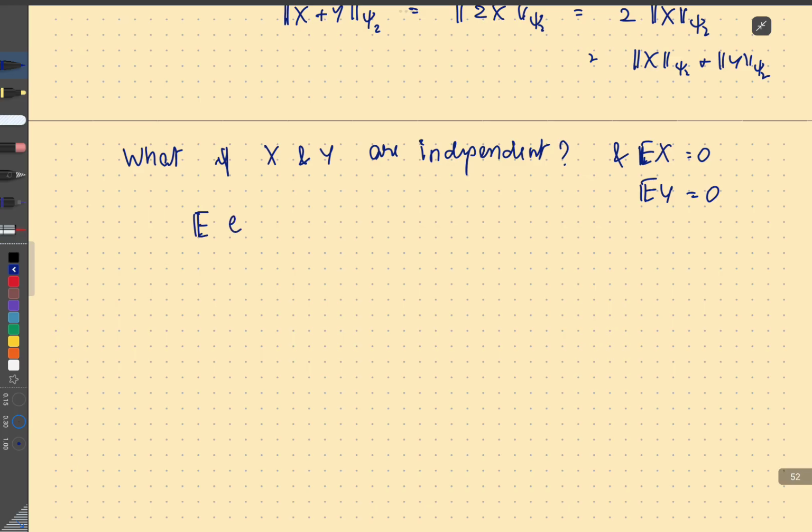What is the expectation of e to the x plus y the whole square by k square? I want to say something about this particular quantity.